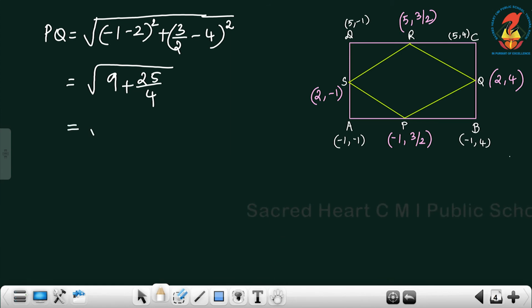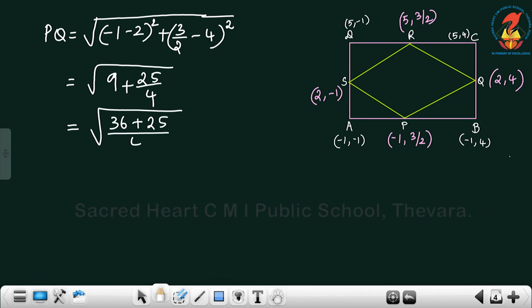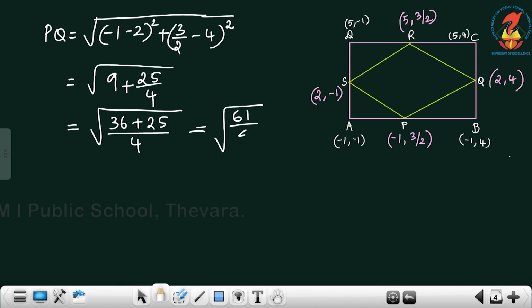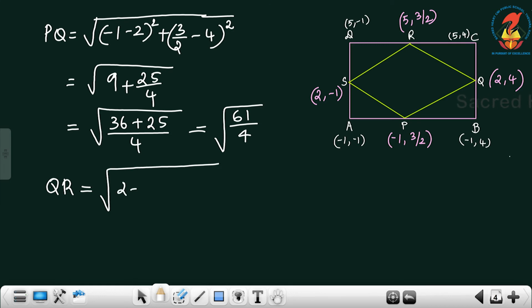Now we should take the LCM again. 9 4s are 36 plus 25 by 4, and the answer will be square root of 61 by 4. Then QR. I found PQ, now I need to find QR. What will be QR?